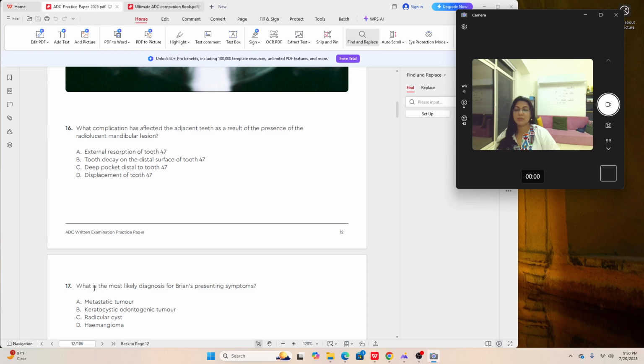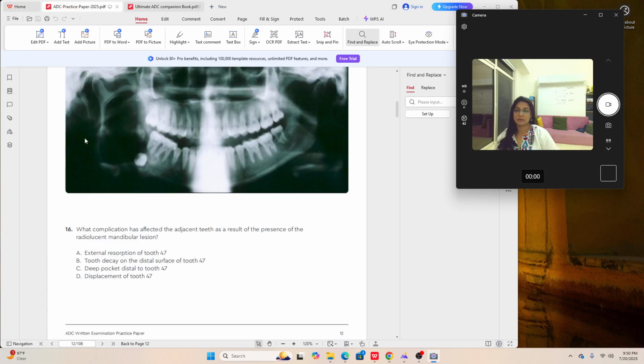Now, what is the most likely diagnosis? Most likely means all the given diagnoses could be correct, and you have to choose the most likely diagnosis. For Bryan's presenting symptoms, metastatic tumor. What do you mean by metastatic tumor? Metastatic tumor means the actual primary site of the tumor is somewhere else, like it can be lungs, breast, stomach.